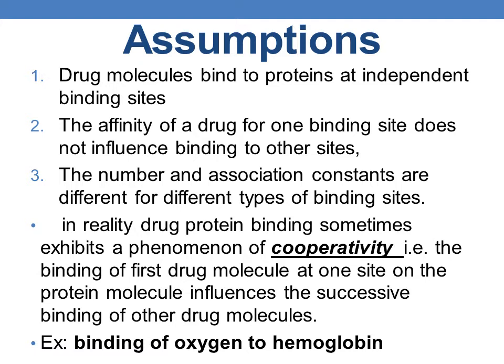And third, the number and association constants are different for different types of binding sites. The third point is clear: each site should have a number and its own association constant. For example, if 3 binding sites are there, then the numbers should be N1, N2 and N3 and the association constants should be K1, K2 and K3.